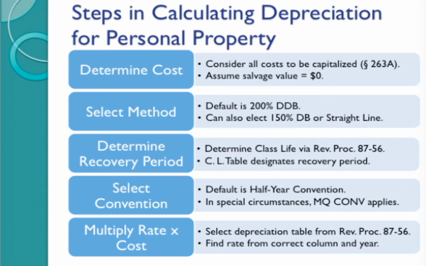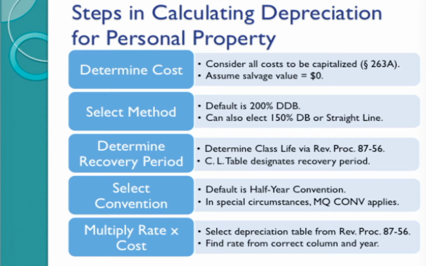You're going to determine the recovery period, and this is based on the table and the category that you select. You're going to select the convention, where the default again is the half-year convention, but you may have the mid-quarter convention in certain circumstances, usually when a certain percentage of assets come into play towards the end of the year.